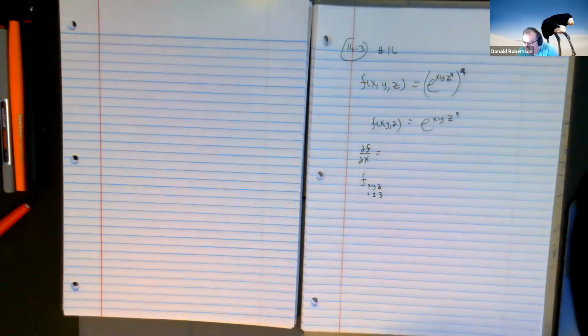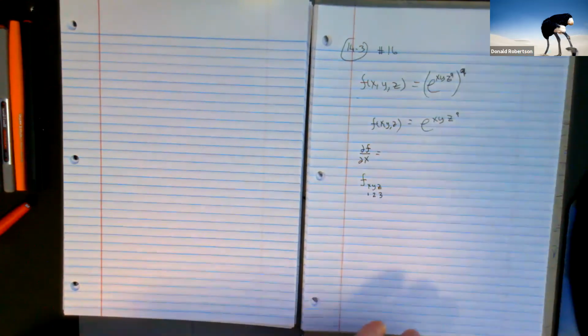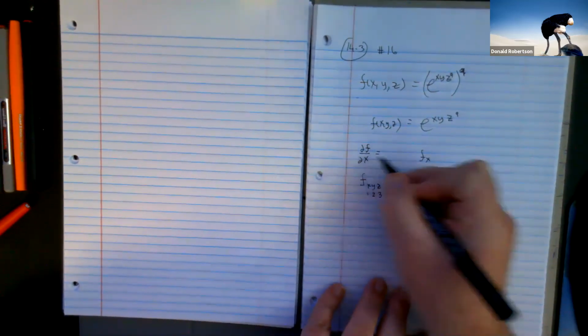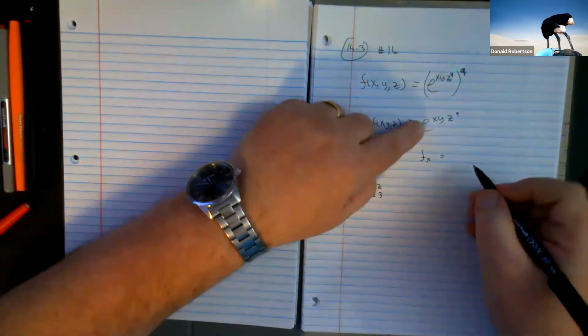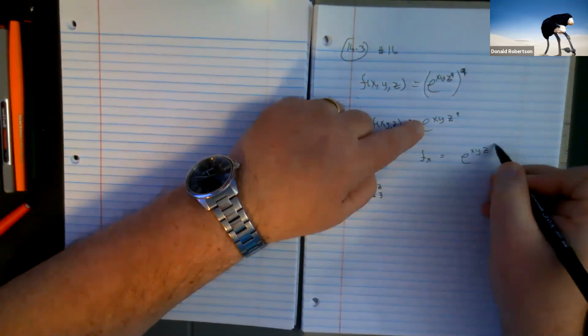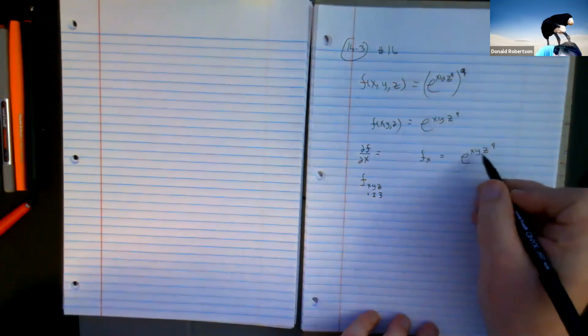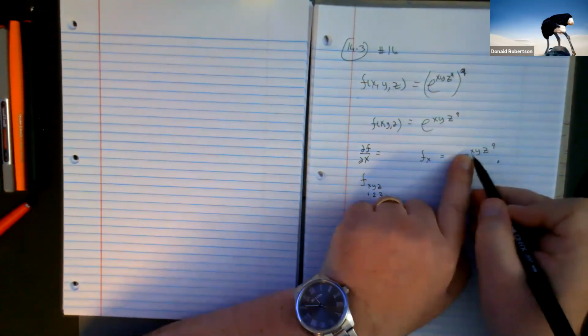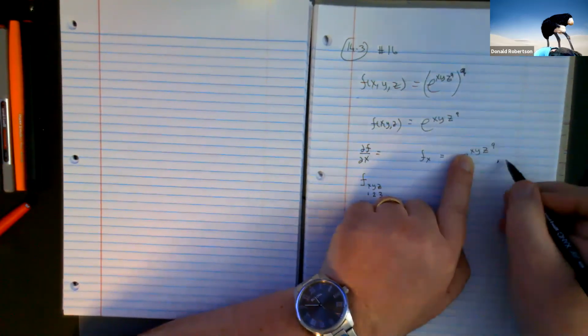You know it doesn't matter because of Clairaut, but we'll do it in that order. So first thing I'm going to do is a partial derivative with respect to x, which is that guy. Now, if you differentiate e to the x, y, z to the 9, you get e to the x, y, z to the 9 times the derivative of this with respect to x, which basically just means that guy.